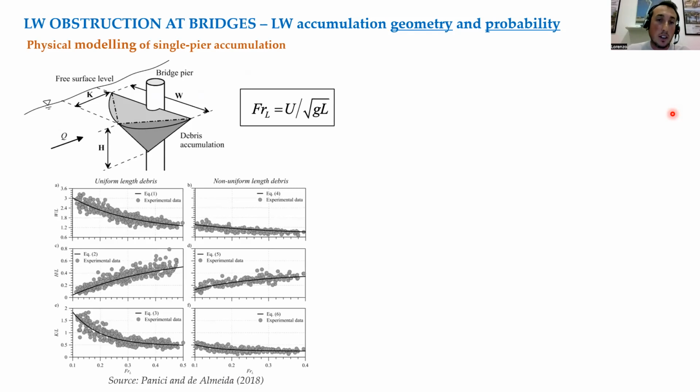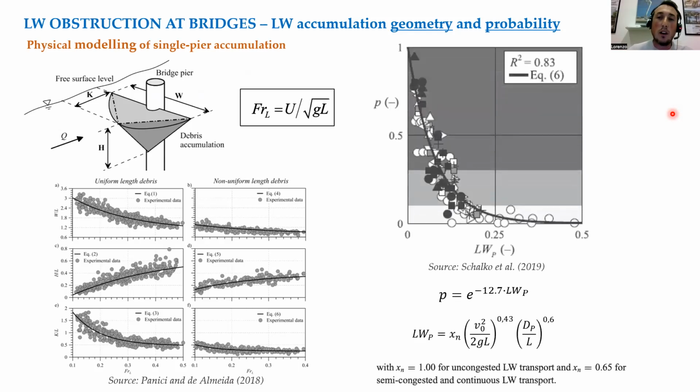So by varying the flow condition and defining the length of the key member that starts the large wood accumulation, we can have an idea of the final shape of the accumulation itself, and also about the probability.